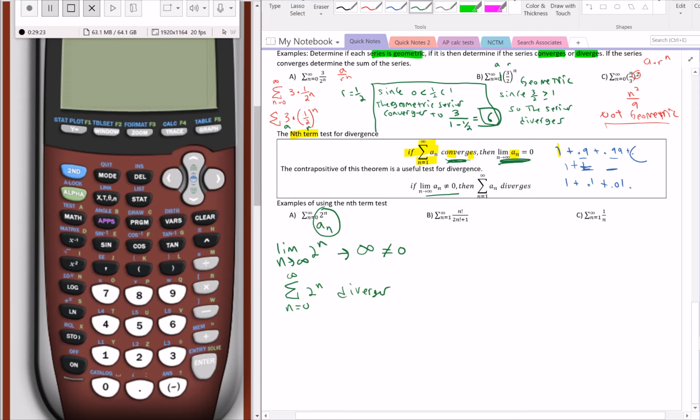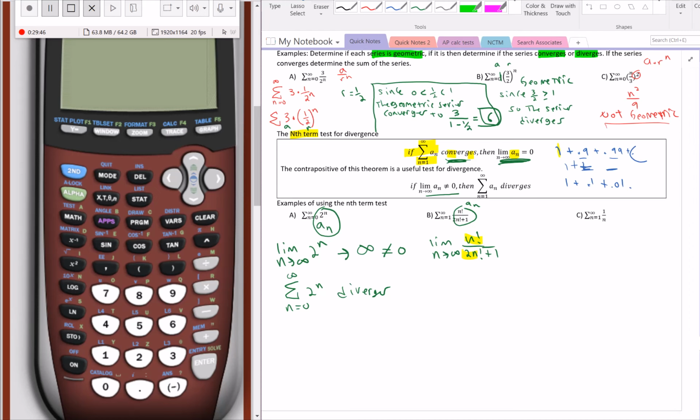Okay, another example. Here's my a_n. Just a quick test. Does the limit as n approaches infinity of this equal 0? So again, it's a question of size. Which one grows faster, n factorial or 2n factorial? Well, 2n factorial grows faster, twice as fast actually.